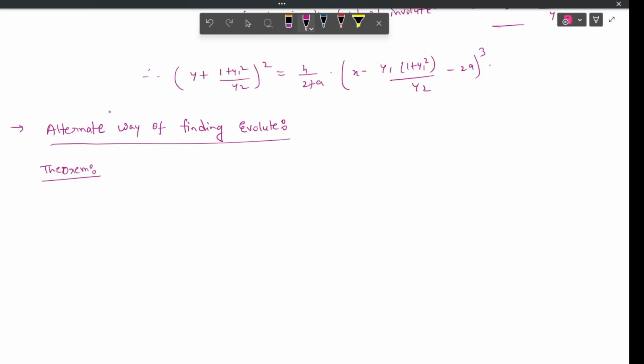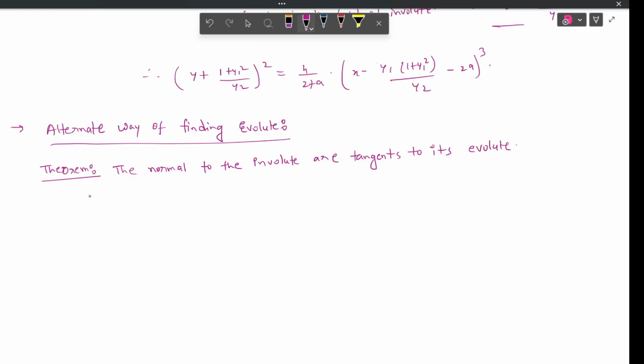The normals to the involute are tangents to its evolute. So a normal of an involute is the tangent of its evolute.